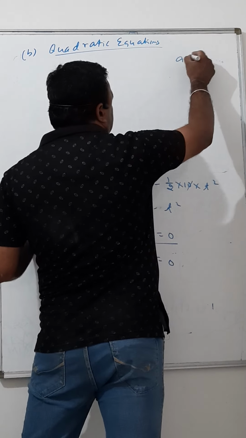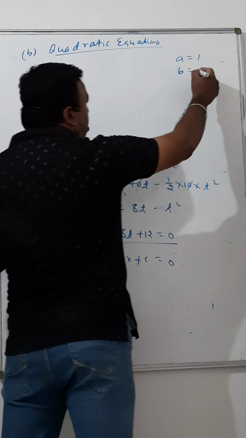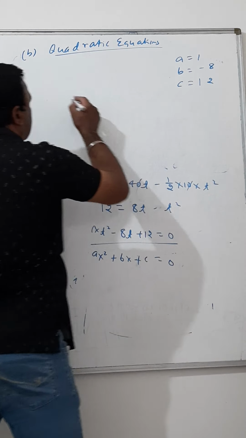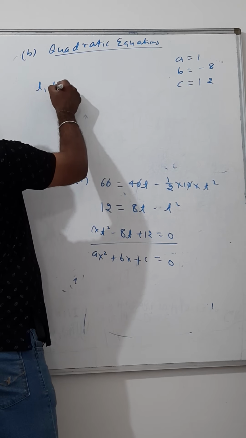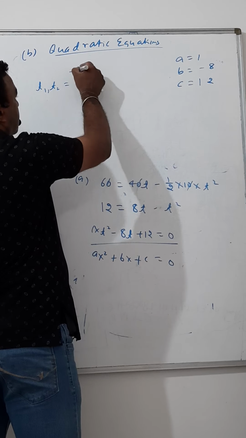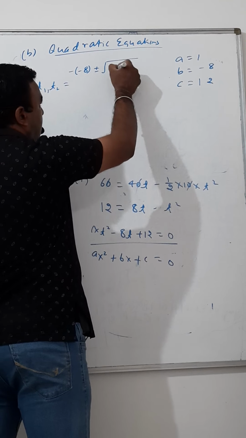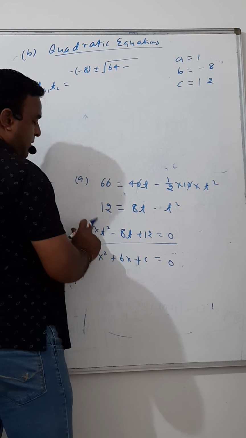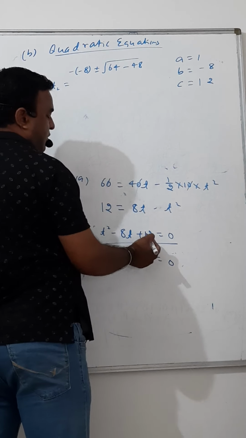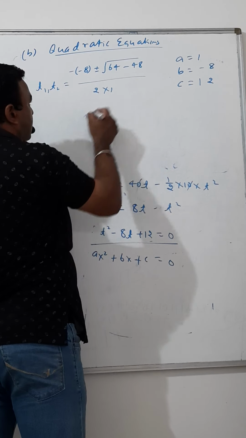Here the value of a is 1, b is minus 8, c is 12. Now the roots will be t1, t2. Minus b means minus of minus 8, plus minus the square root of b squared, 64, minus 4ac, 4 times 12 is 48, over 2a, a is 1.